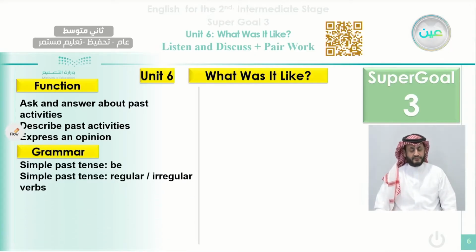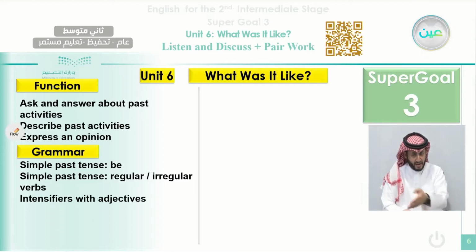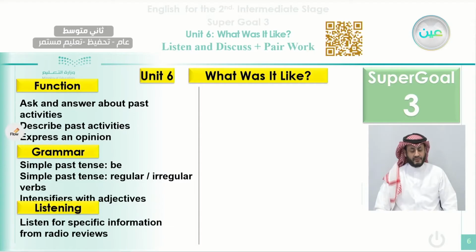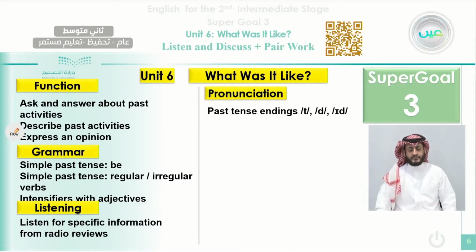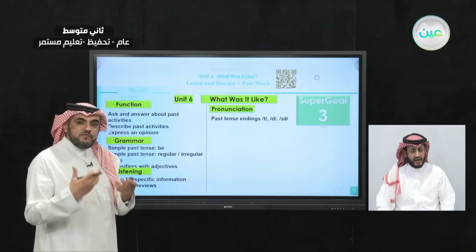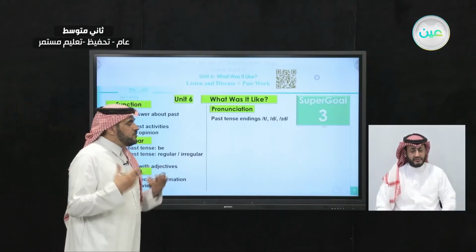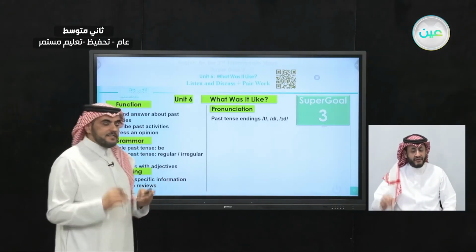Simple past tense, regular and irregular verbs, also learn about that. Intensifiers with adjectives, listening. Okay, in the listening section here, you will listen for specific information from radio reviews. Also in the pronunciation section, you're going to learn past tense with verbs that end with the t sound, d sound, and id sound.